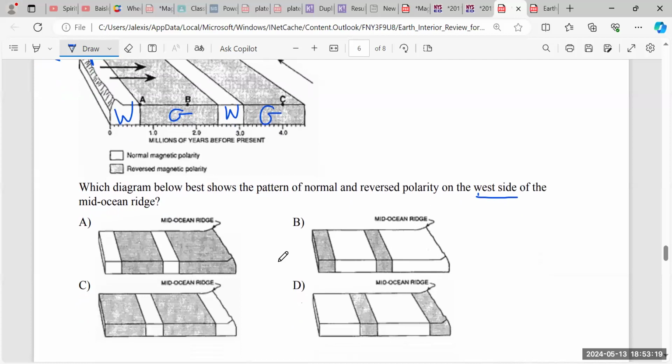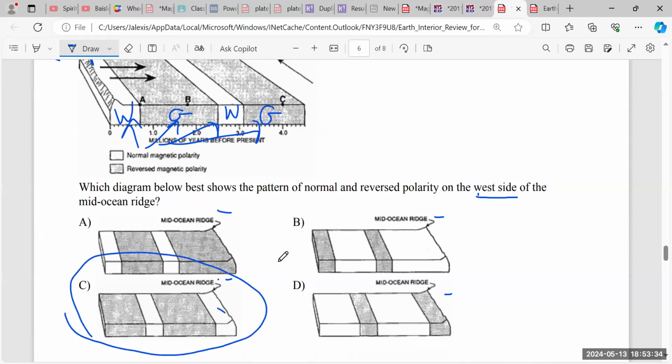Starting from the ridge, I should see short white, long gray, short white, long gray. And the one that shows that is choice C. Short white, long gray, short white, long gray.